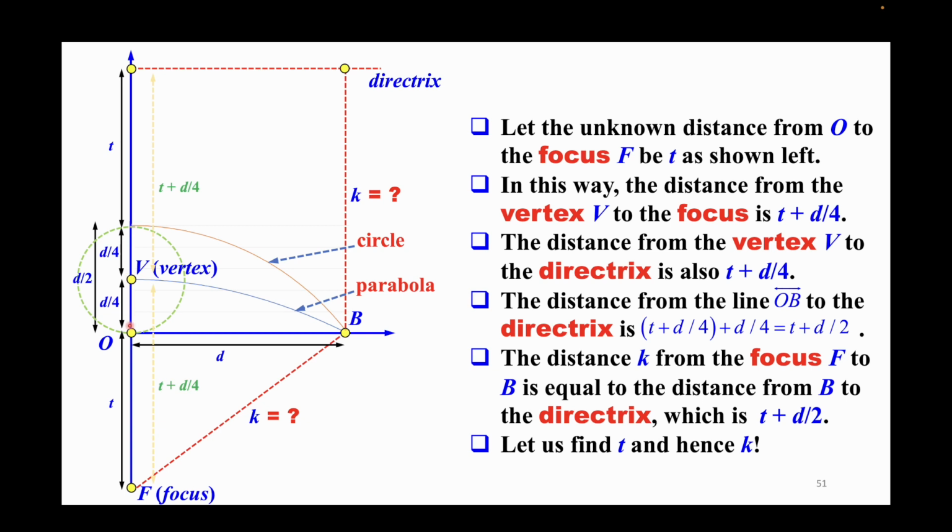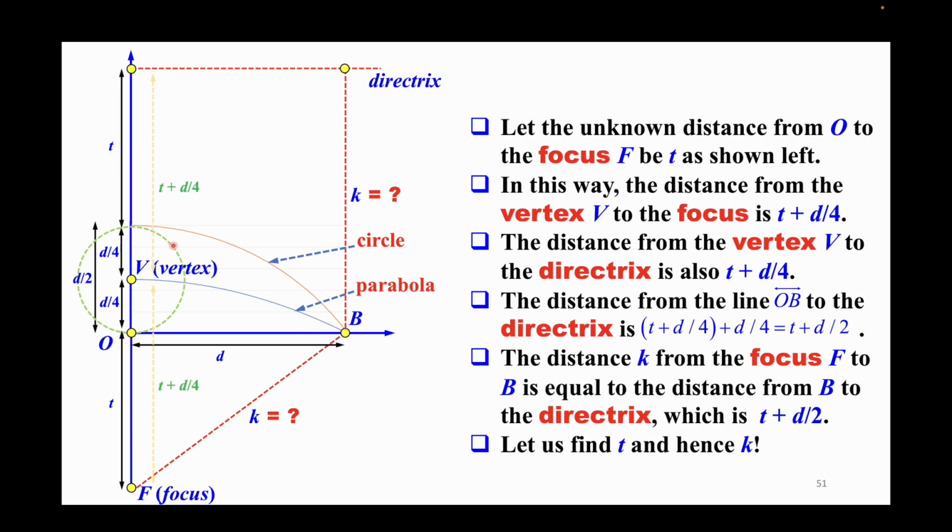This segment is also D/4. Let's say the unknown distance from this point to the directrix, and the distance from O to the focus, be T, which is unknown. And the distance from the focus to B, let's say is K, which is also unknown.